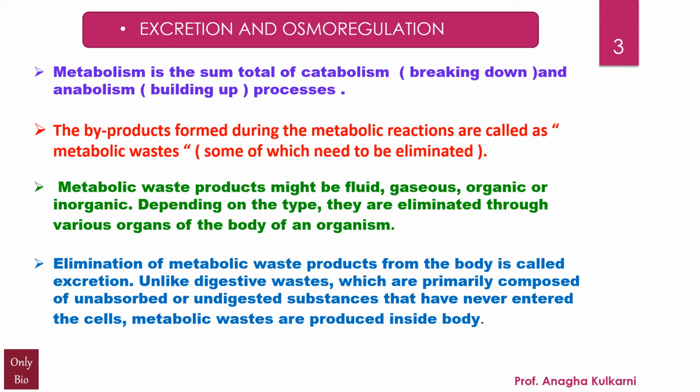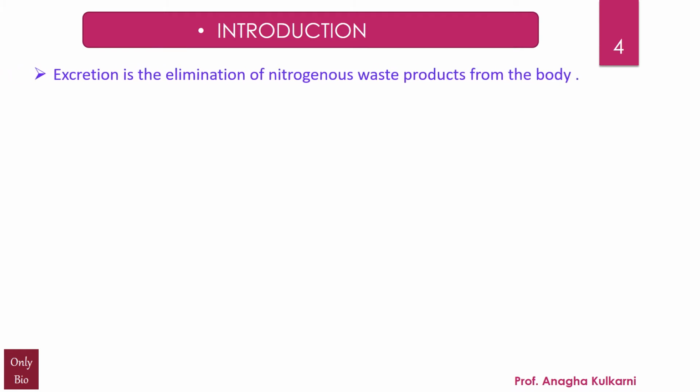Unlike the digestive wastes, which are primarily composed of unabsorbed or undigested substances that have never entered the cells, metabolic wastes are produced inside the body. So this is once again for you to understand the difference between excretion and egestion. Excretion is the elimination of nitrogenous waste products from the body.